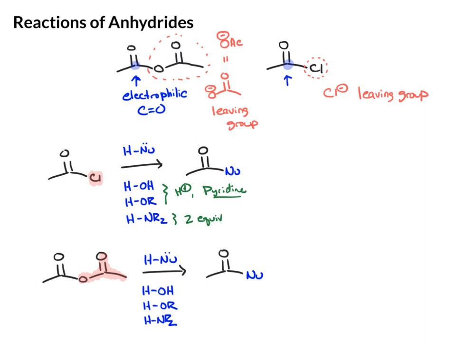Let's go through one of these for something you may already remember. Way back when we talked about aromatic reactions, we took aniline, added acetic anhydride, and we formed acetanilide.